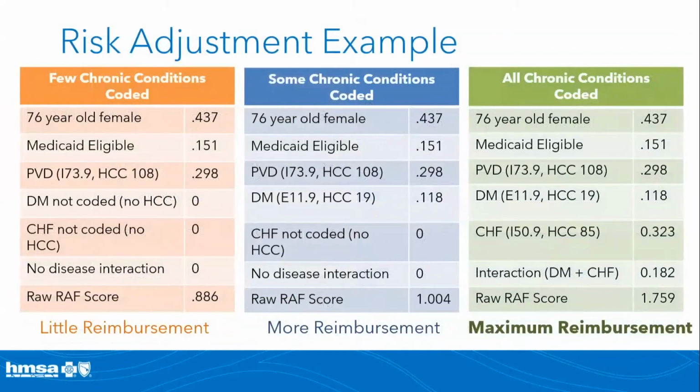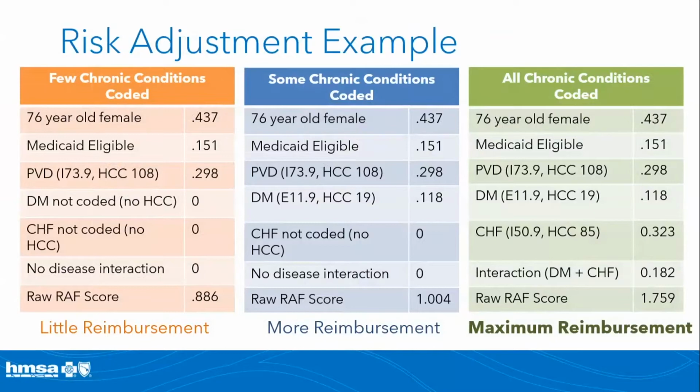Here we have another risk adjustment example. The numbers shown here are strictly for illustration. As you see in the first chart on the left, we have information that the beneficiary is a 76-year-old female who is Medicaid eligible and has been diagnosed with peripheral vascular disease.